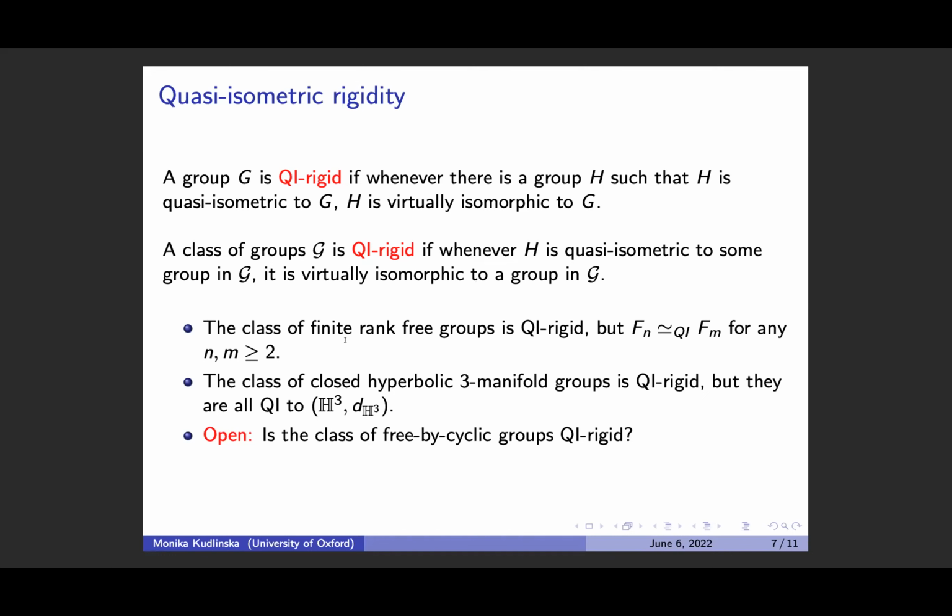And what is this H3 for? Sorry, what do you mean? There is a reference to a group that seems to be missing. If I read, they are all quasi-isometric to just H3. Oh, sorry, yes. Just hyperbolic three-space, with the hyperbolic metric.